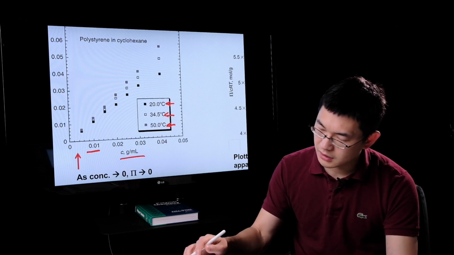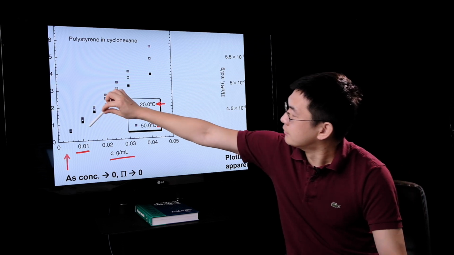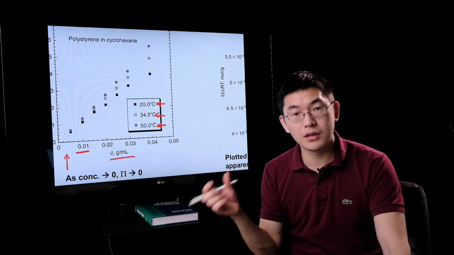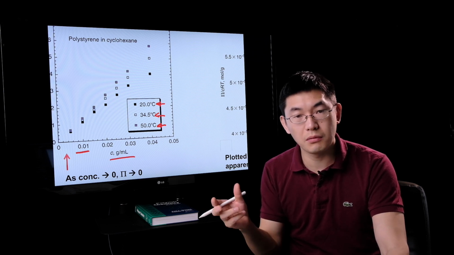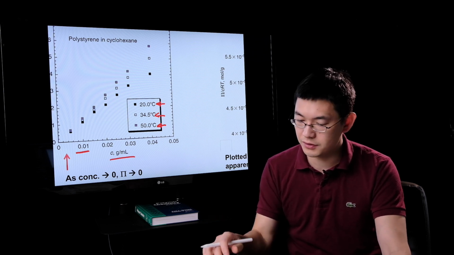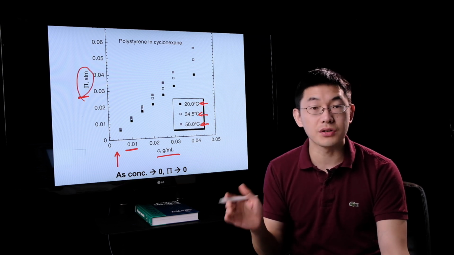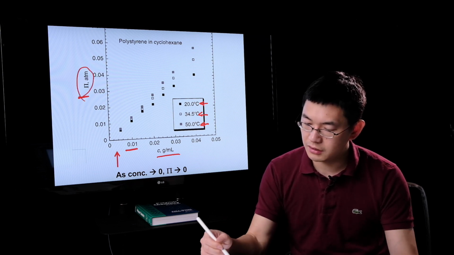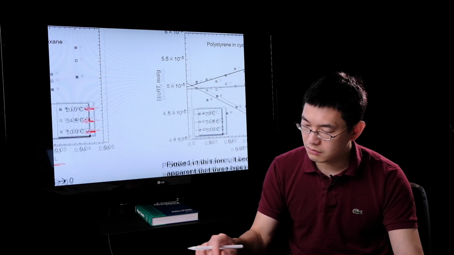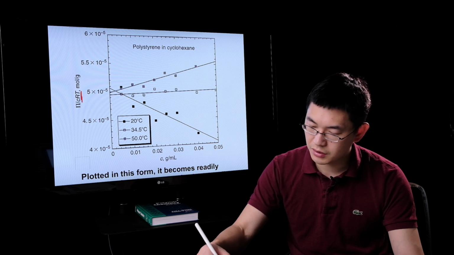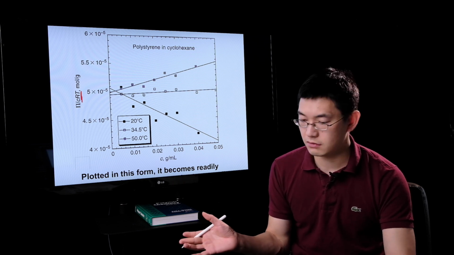So this is the experimental data you want to measure. But remember, I said at the beginning, if you want to use osmotic pressure to get molecular weight and second virial coefficient, you should not plot osmotic pressure with respect to concentration. You need to convert this to osmotic pressure divided by CRT. This will give you a new plot as shown on the right.